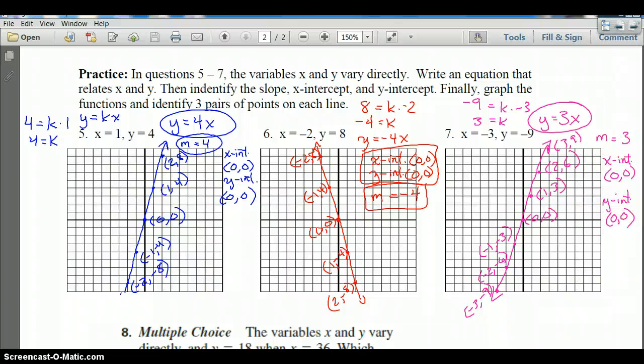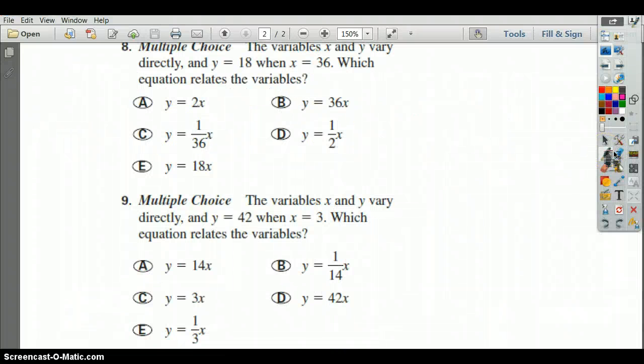So, pause me. Okay, ladies and gents, last two problems for the day. And we'll basically go through 8 and 9 here. Variables x and y vary directly. y is 18 when x is 36. So again, we're still saying y equals kx. 18 equals k times 36. So k is 1 over 2.